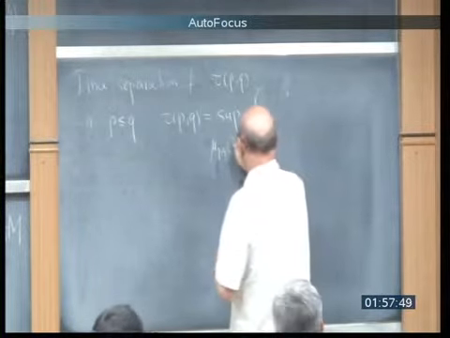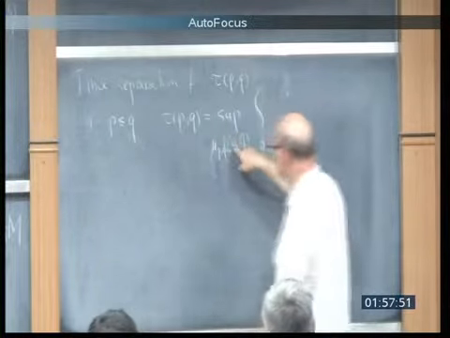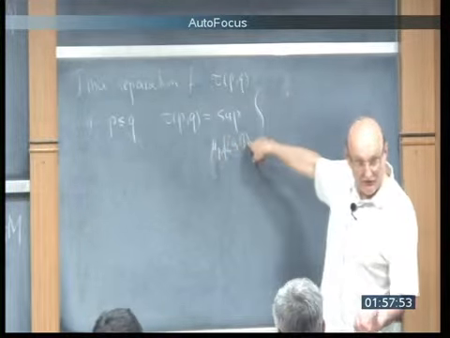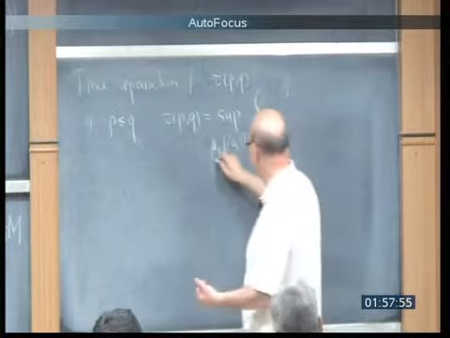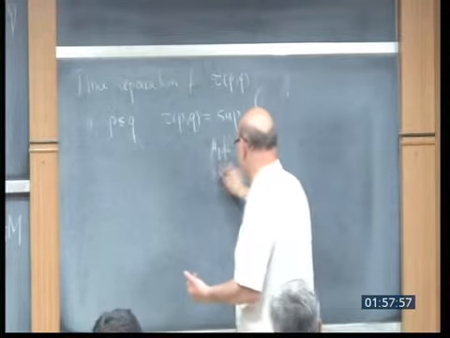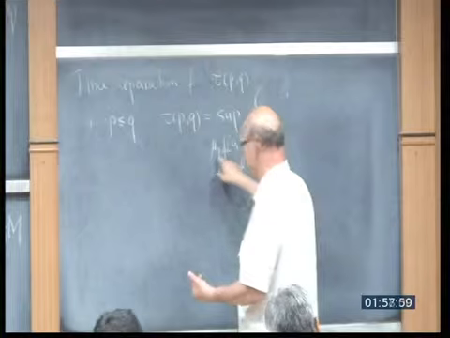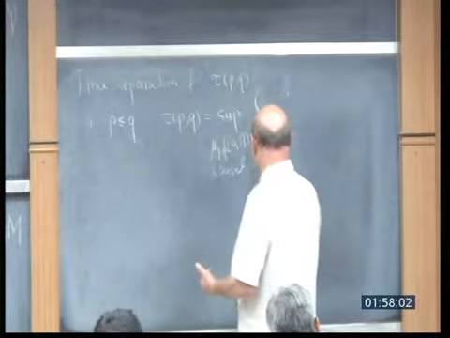At 0 it's on P, at 1 it's on Q, and the curve should be causal, future looking.